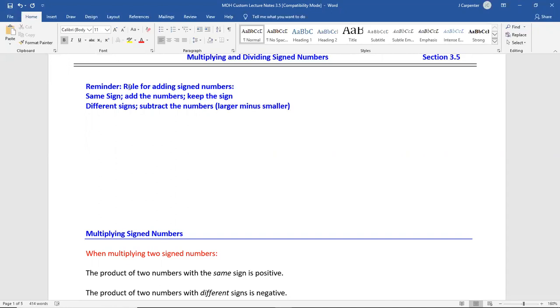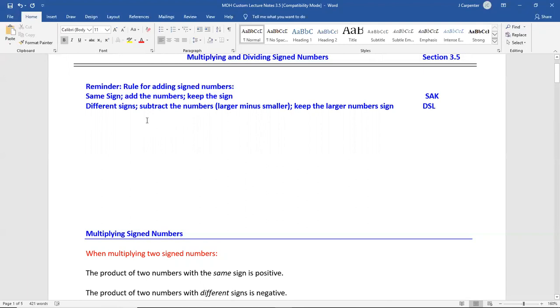And remember, I'm saying an absolute there. You're ignoring any pluses or minuses. You just take the bigger looking number minus the smaller looking number, and then keep the larger number's sign, which the abbreviations for those were SAK and DSL. If you like abbreviations, they can be very helpful.